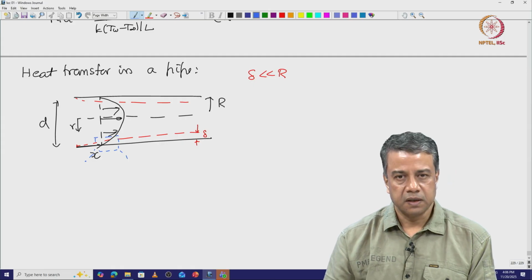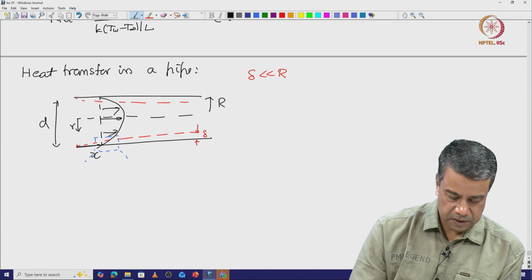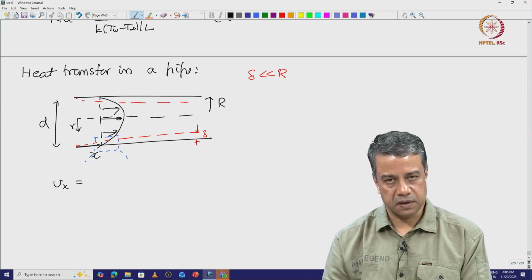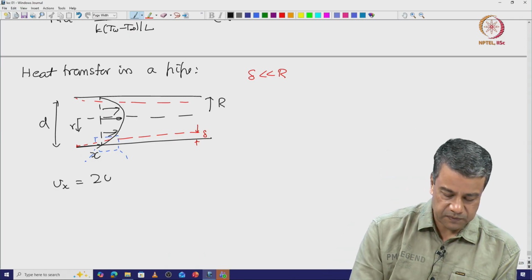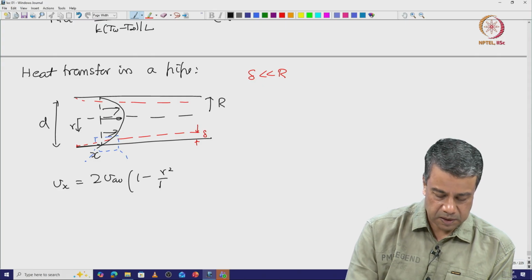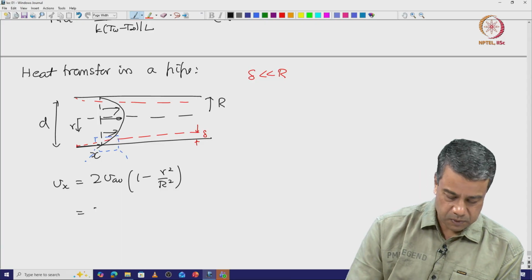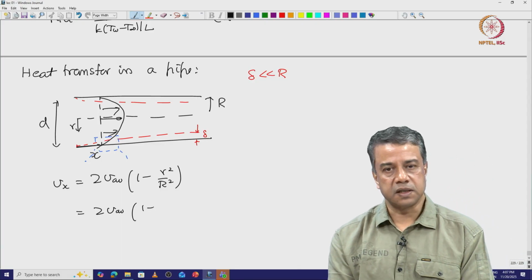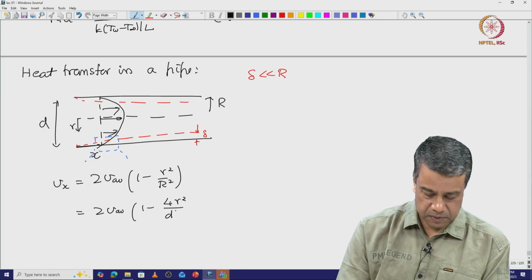Okay. For a parabolic flow, okay, for a parabolic velocity profile, the velocity Vx, for the Hagen-Poiseuille flow in a pipe is equal to 2 times V average into 1 minus r square by R square, which is equal to 2 V average into 1 minus 4 r square by d square, where R is equal to d by 2.